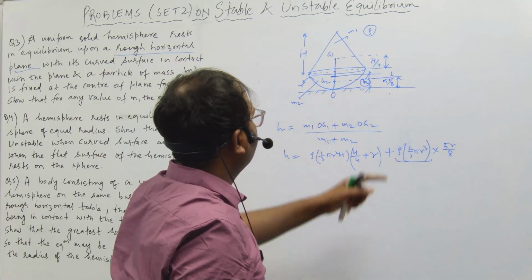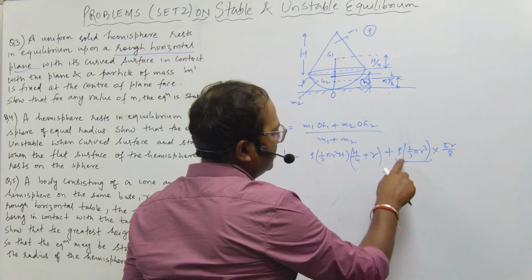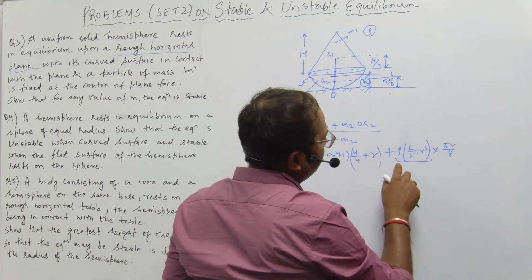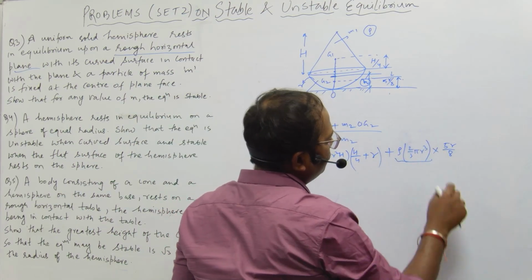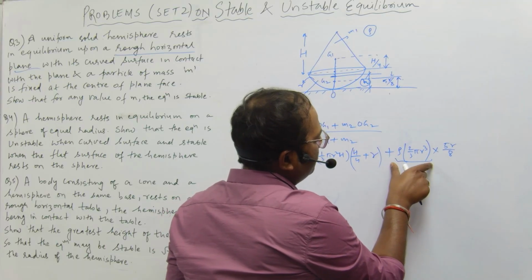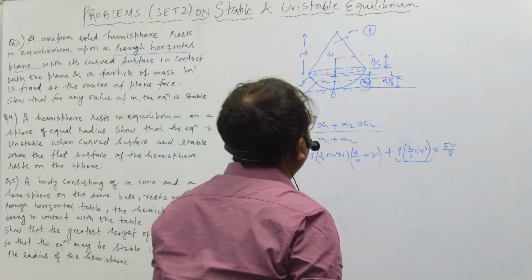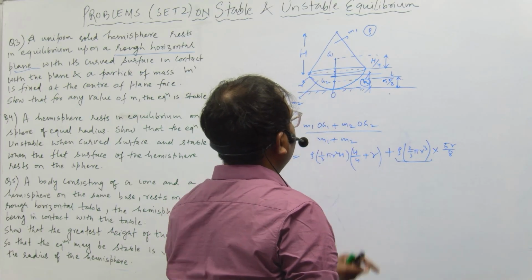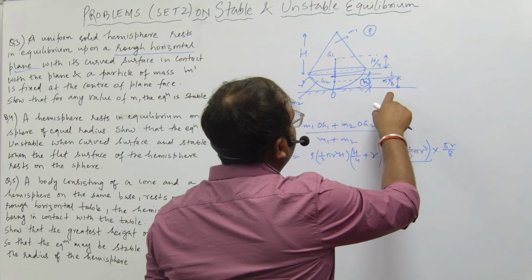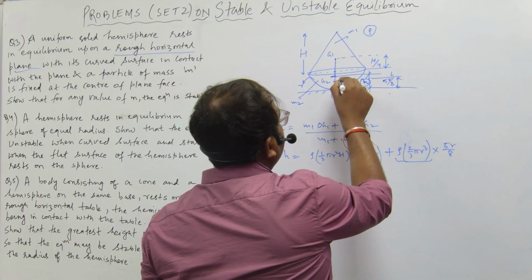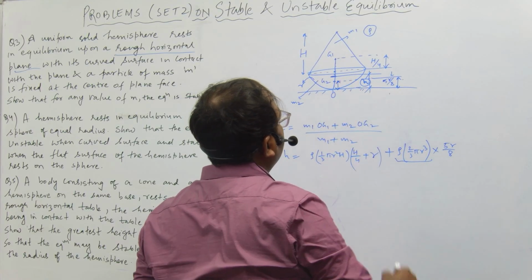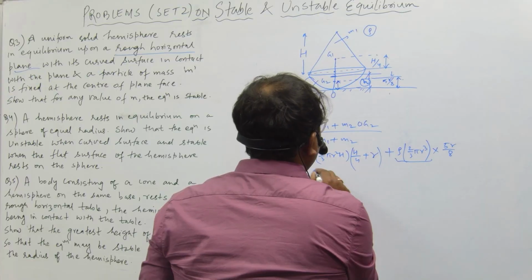And now for this hemisphere, the mass is density times volume. So rho is the density and volume is 2 by 3 pi r cube. This is the mass, times the distance of the center of gravity of the hemisphere from this surface, that is OG2. OG2 will be 5r upon 8, upon m1 plus m2.